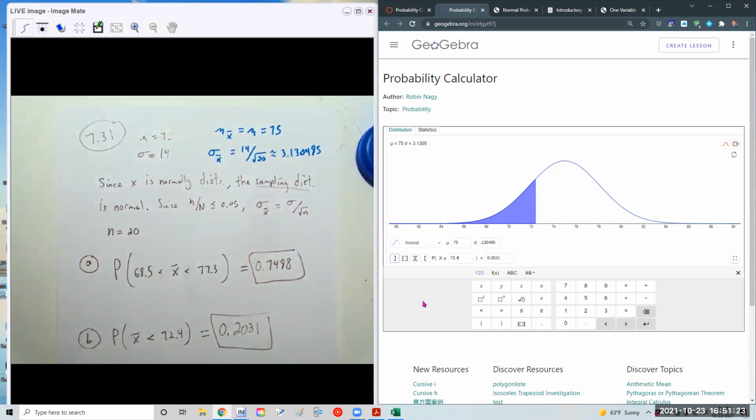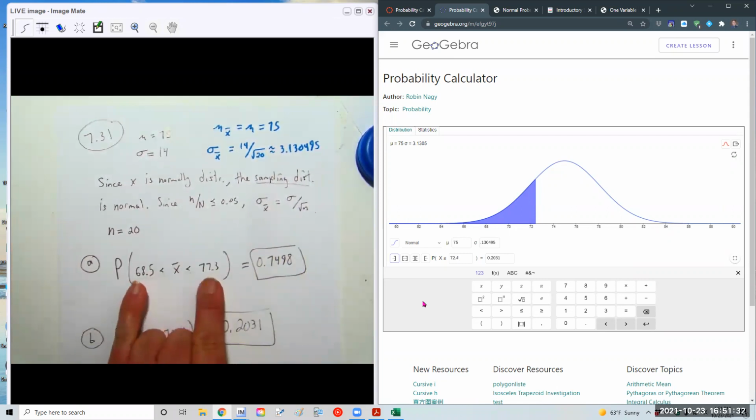Now, how the book does this problem is they use the z-table. You find the z-scores for these two values, and then you find the area underneath the standard normal distribution curve between those z-scores. We don't need to do all that work. Just use technology. I want you to practice these questions and all of the questions.